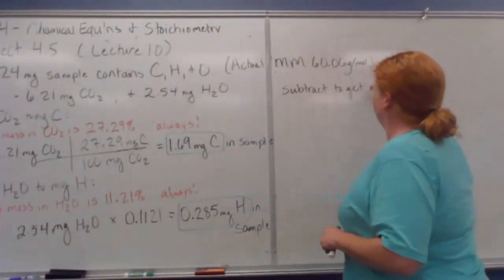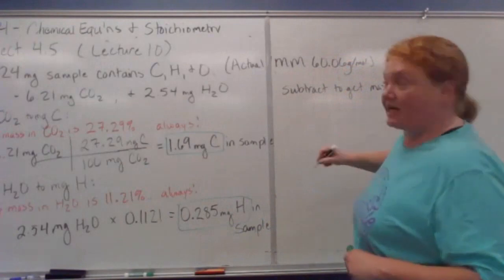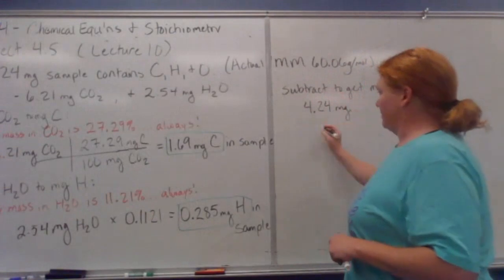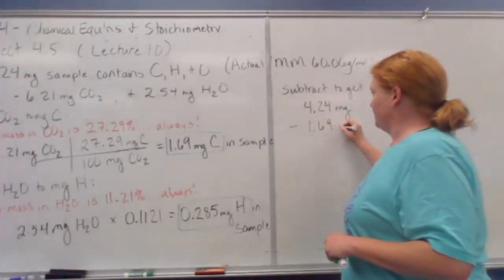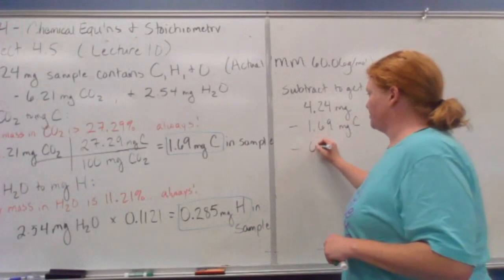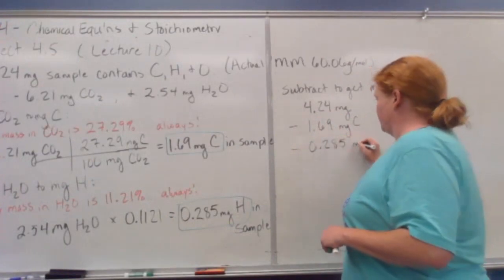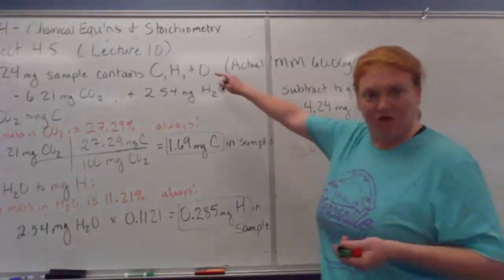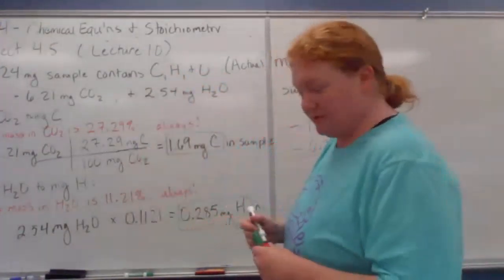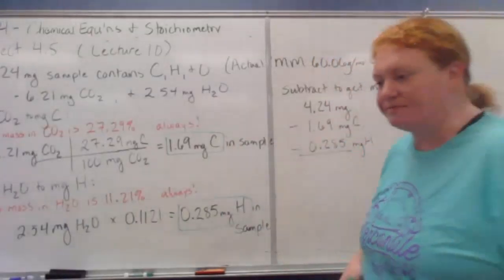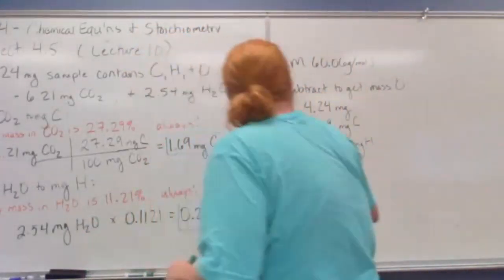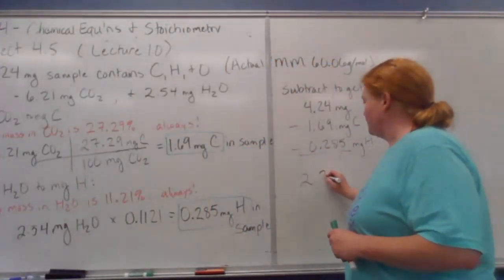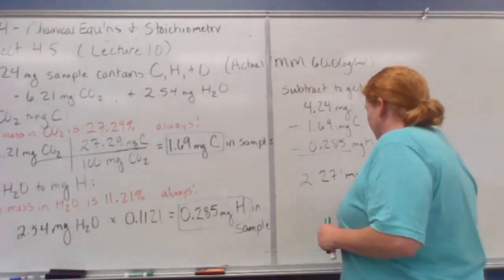Take your sample size that you sent off and subtract how much of it is carbon and how much of it is hydrogen, and what's left over is oxygen, because it was only made of three things: carbon, hydrogen, and oxygen. That's, again, the law of conservation of mass. You're going to round that, and I think you end up getting 2.27 milligrams of oxygen.